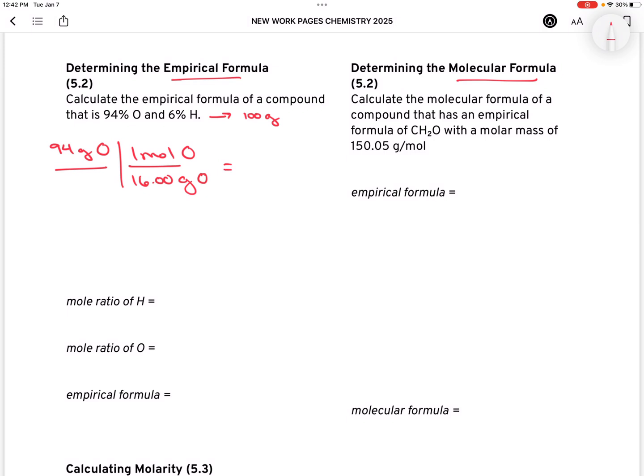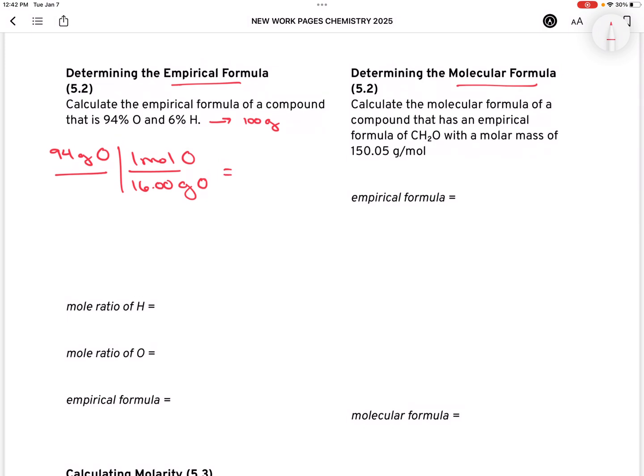We have that set up, and let's do the second one. The second one is 6.0 grams of hydrogen, and now we need to convert this into moles, and 1 mole of hydrogen is equal to 1.008 grams of hydrogen.